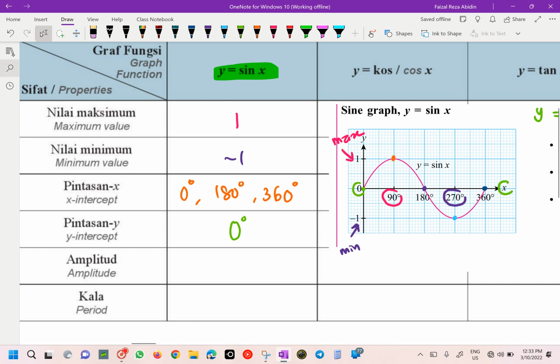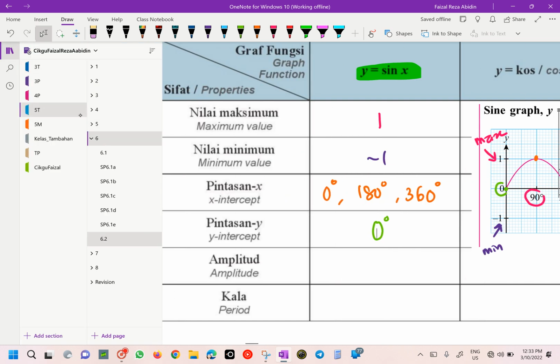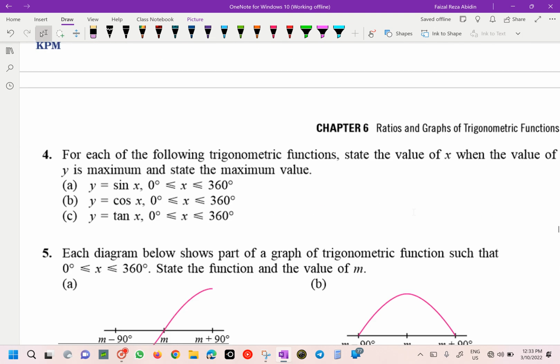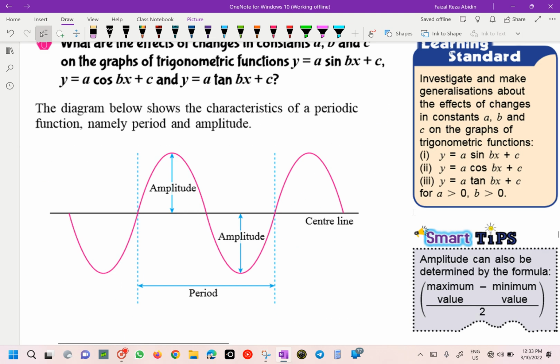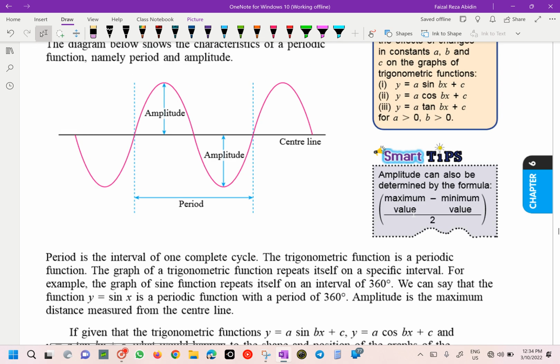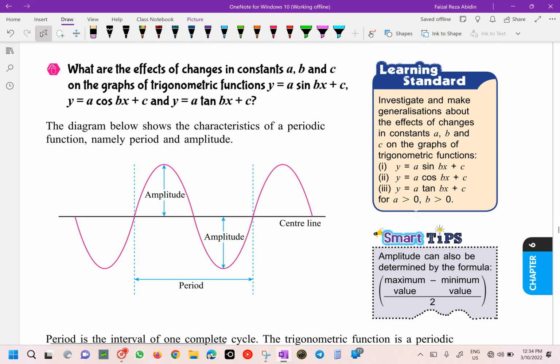Look into your textbook, page 187. There. What is amplitude? This one is going to be how we got one circle here. So you are going to get one amplitude.